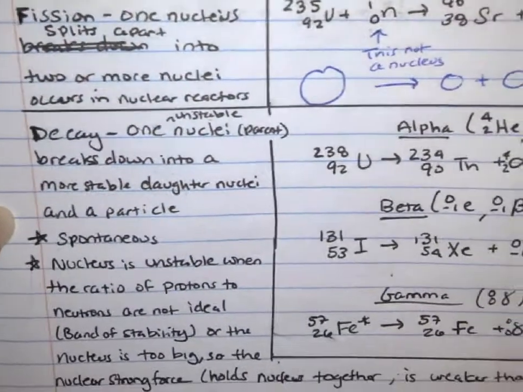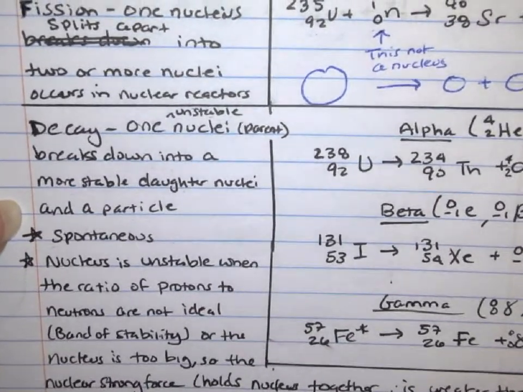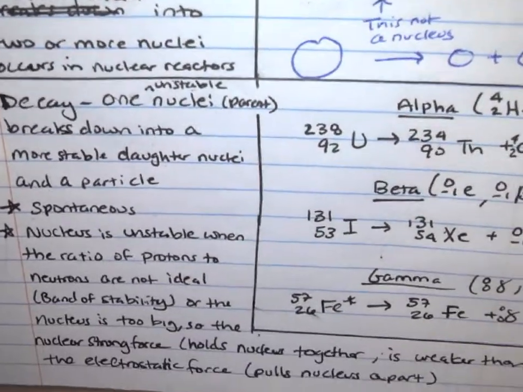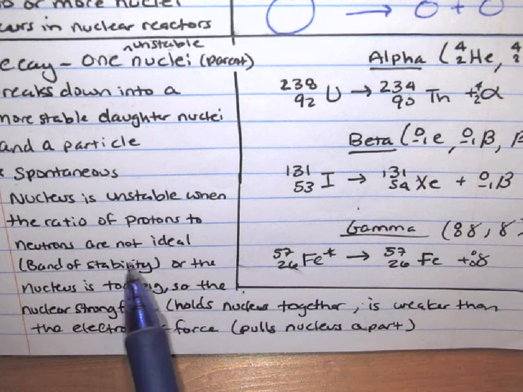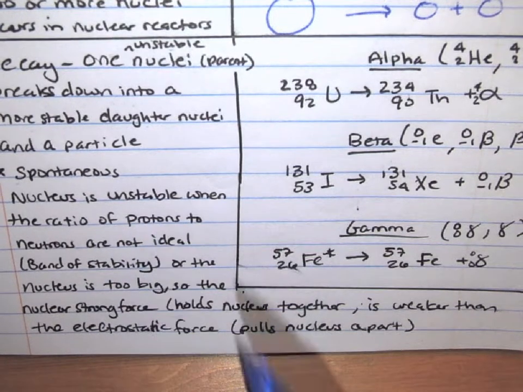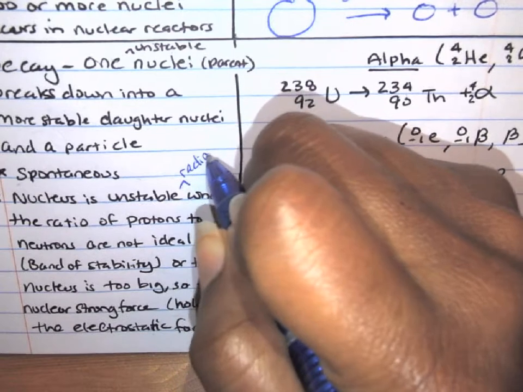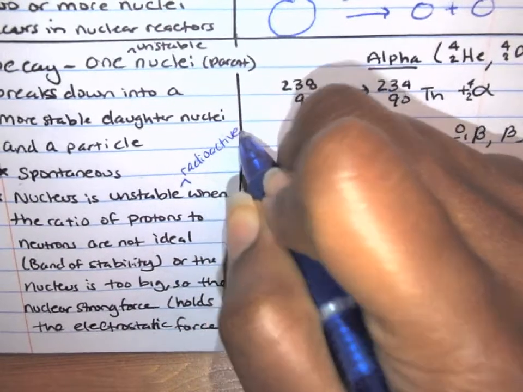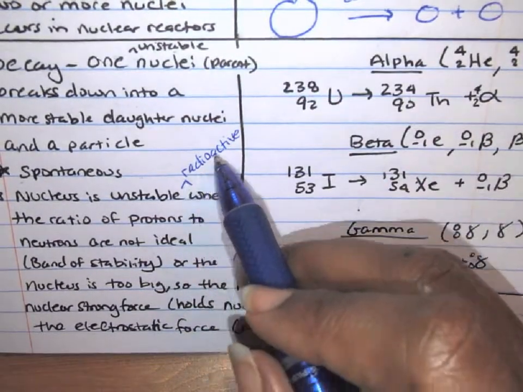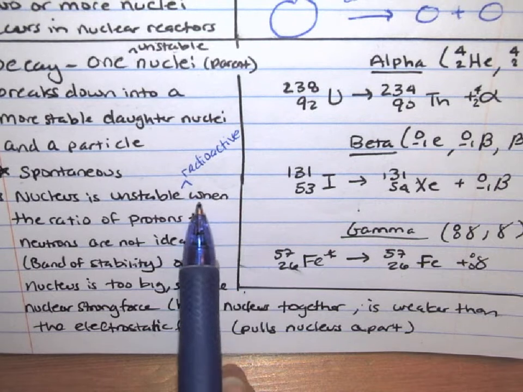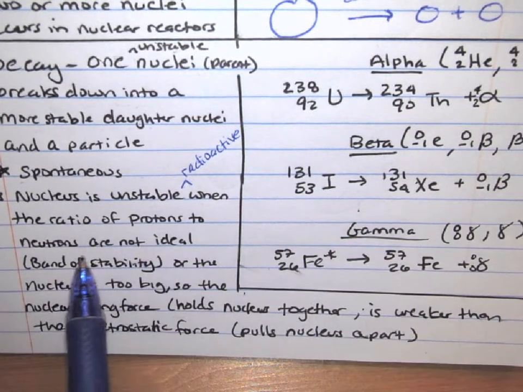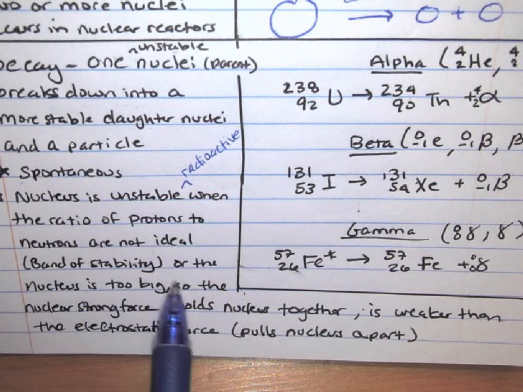Okay, finally, I want to talk about the nucleus being stable. So if a nucleus is unstable, we're going to call that radioactive. It's unstable or radioactive when the ratio of protons to neutrons is not ideal, and you can see that in what's called the band of stability.